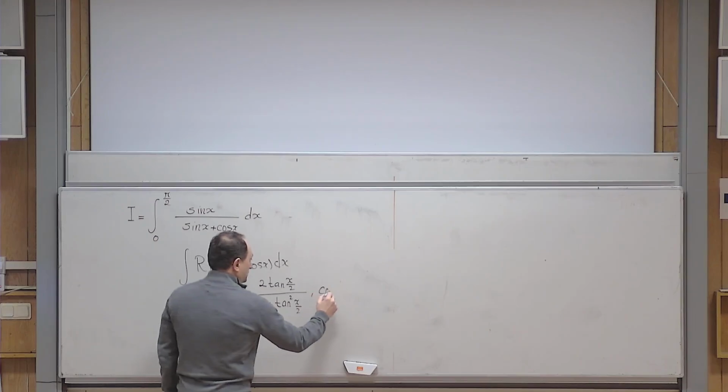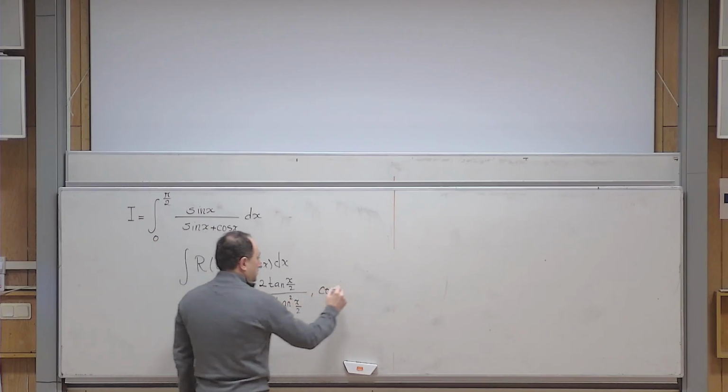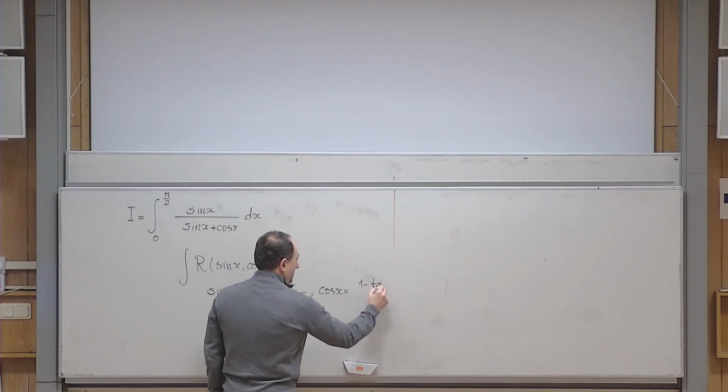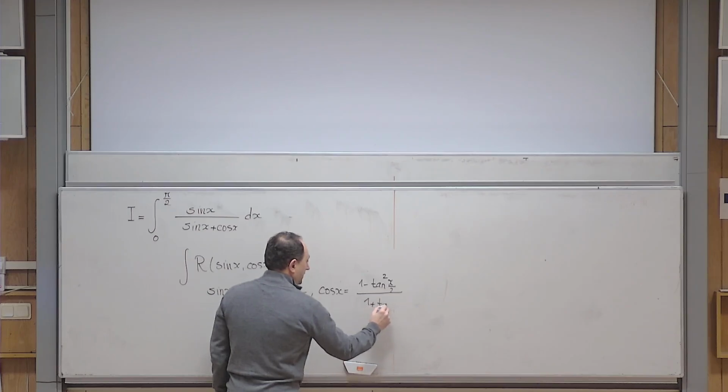And we have a similar formula for cosine, which is 1 minus tan(x/2) squared divided by 1 plus tan(x/2) squared.